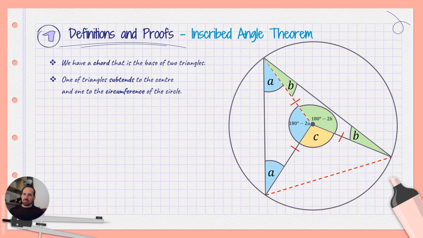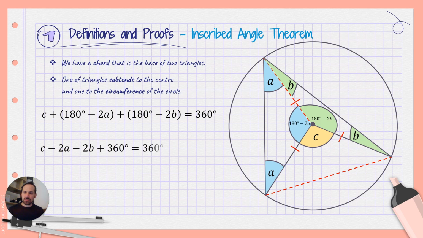We can work out what that's going to be in terms of A and B, which is useful because you see that angle at the top, the one we were considering, that's A plus B, isn't it? So if we can show that C is equal to 2 lots of A plus B, then we're done. Using the fact that all those angles in the middle must add up to 360, because it's a full circle, we've now got an equation in terms of C, A, and B. And we can just rearrange this to make C the subject.